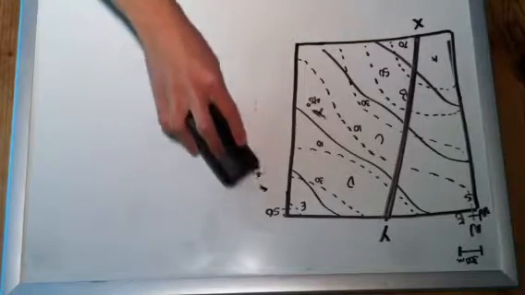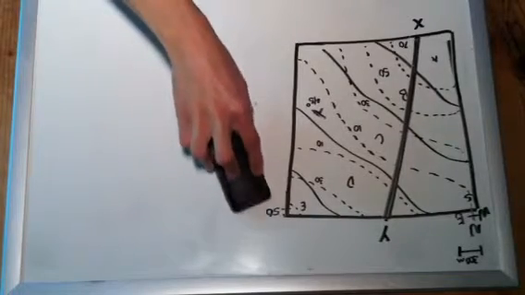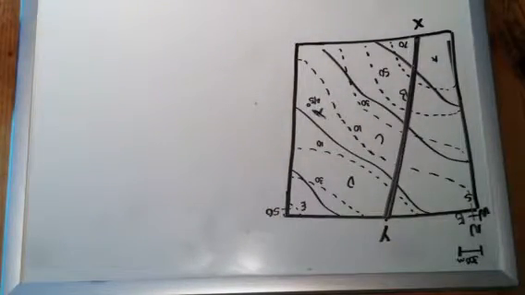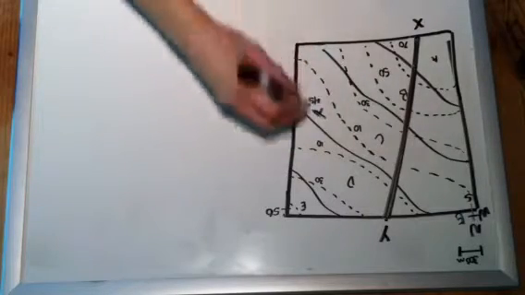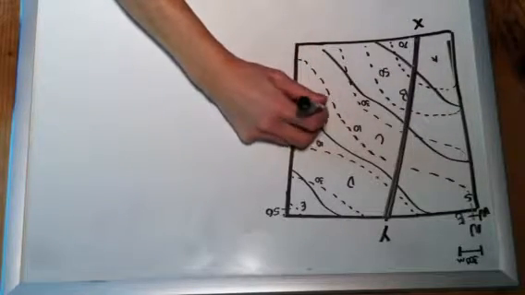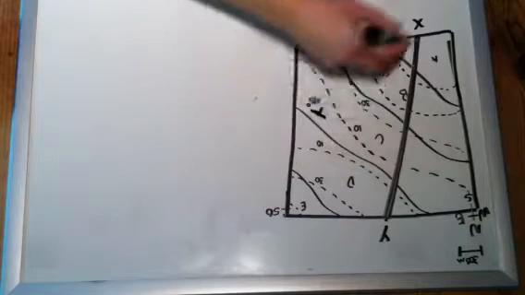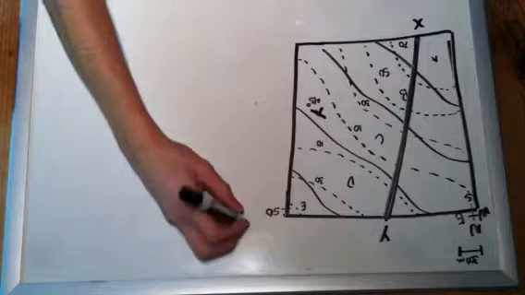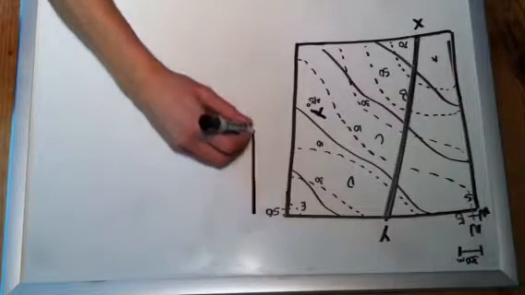So in this example, I'm going to have all of our strata dipping in the same direction, and that's going to keep things incredibly simple for us. So you'll see what I've drawn here is just the strike and dip symbol, such that the dip goes with the line we've drawn here, and the angle of dip is 45 degrees. And that's all we really need to establish before we start here.